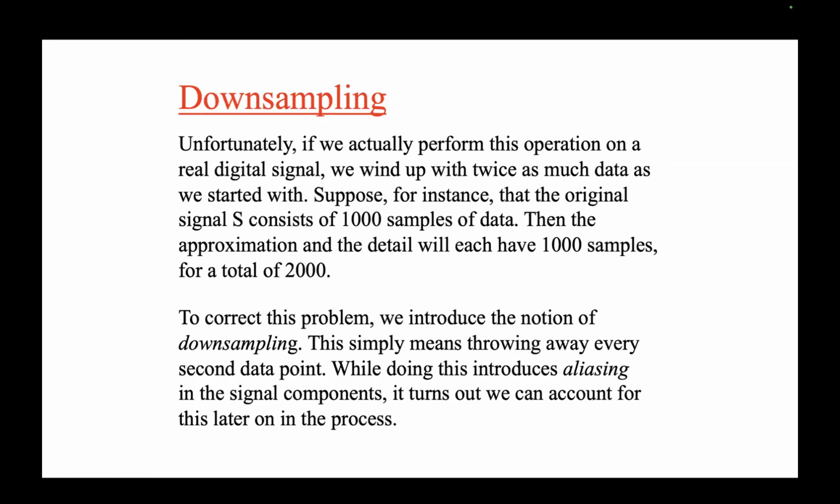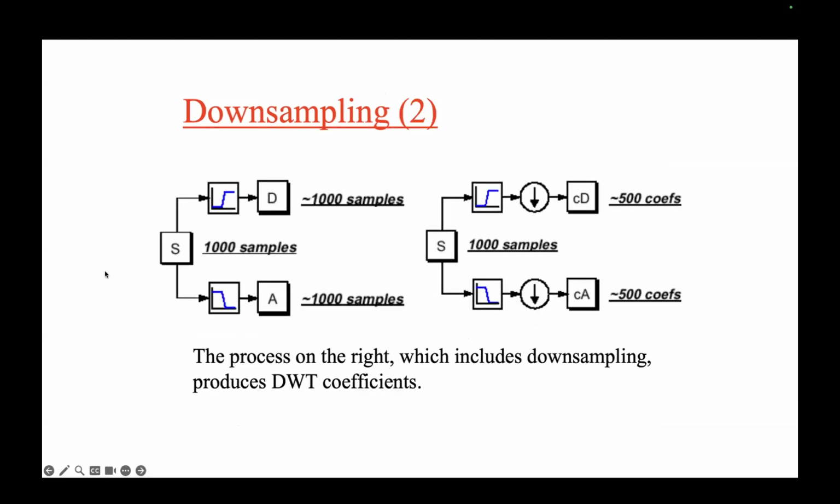So we downsample it, and the result is we get half the number of data points. Now it looks something like this. So with 1,000 samples, we apply a high pass filter for details, a low pass filter for approximations, and then we downsample both. So we get 500 coefficients.